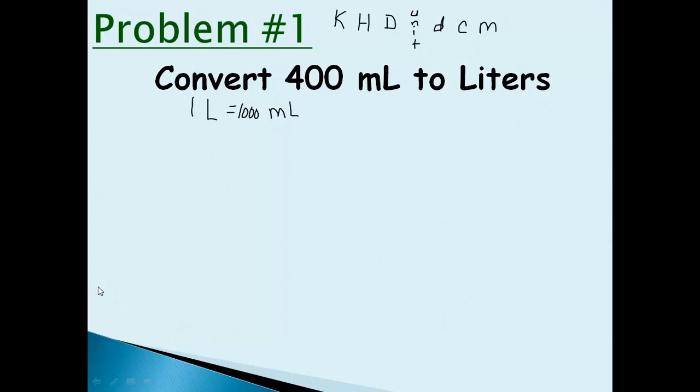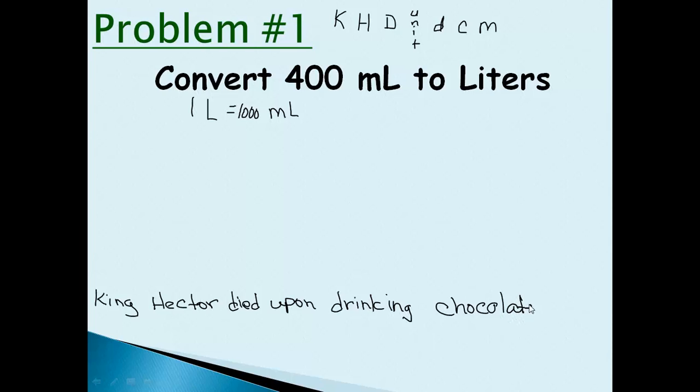It's a little mnemonic device. King Hector died upon drinking chocolate milk. Now, if you can remember this, kilo, hecta, deca, our unit, which is grams, meters, or liters, deci, centa, milli.